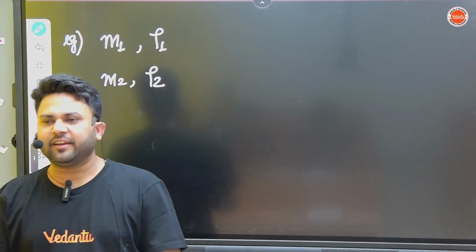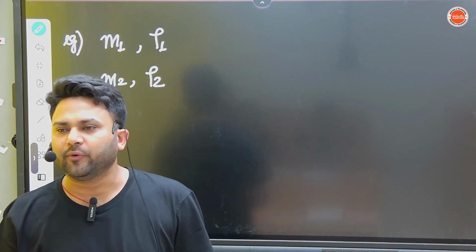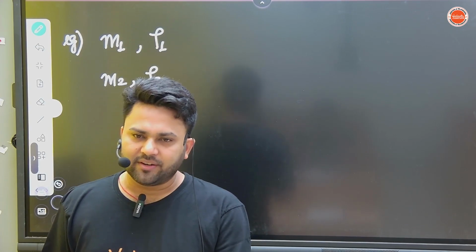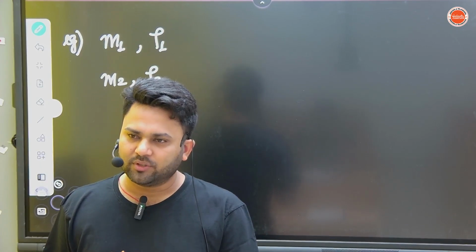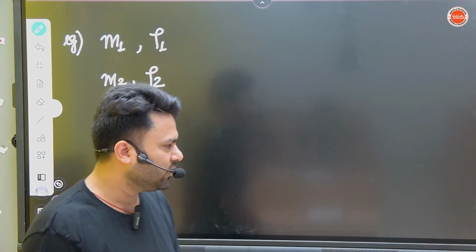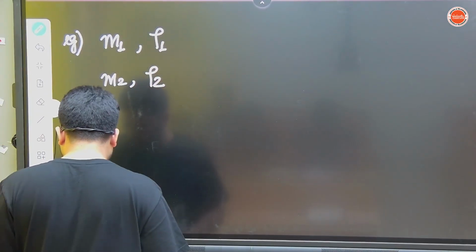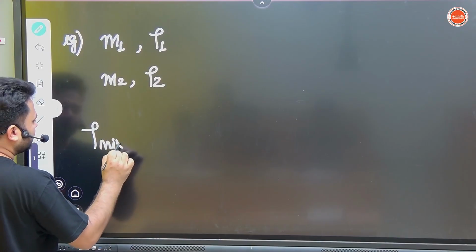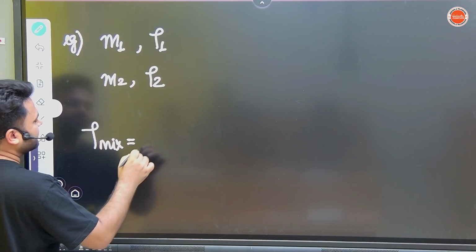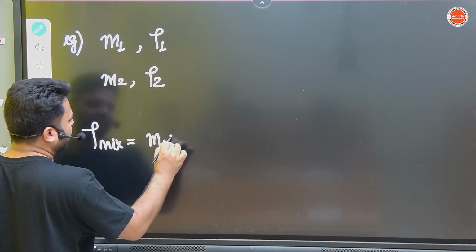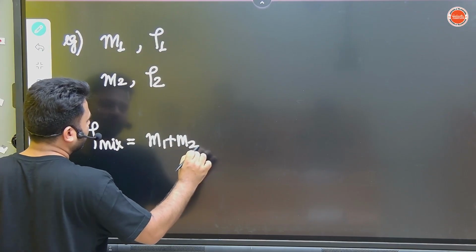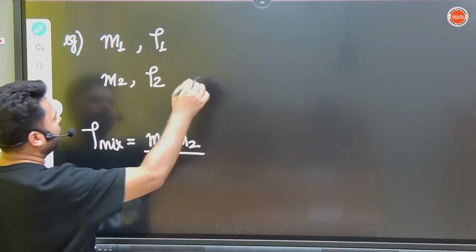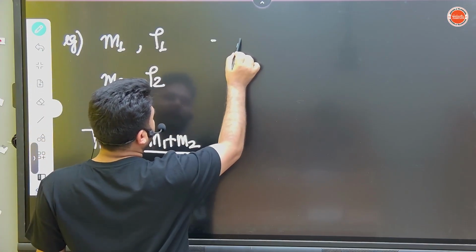So in a container we have two fluids. They will ask what is the density of the mixture. So what is the formula? Total mass will be m1 plus m2 by total volume. Volume is not given, so we will calculate.